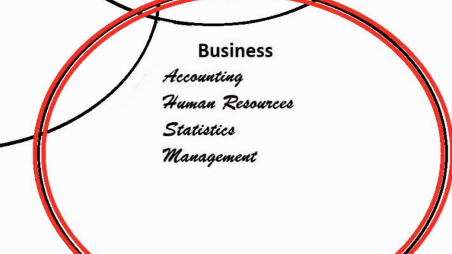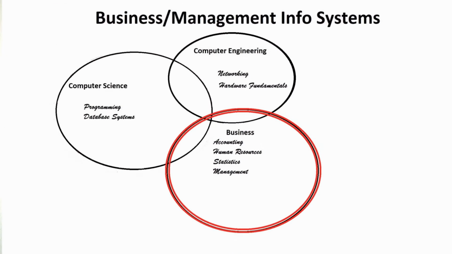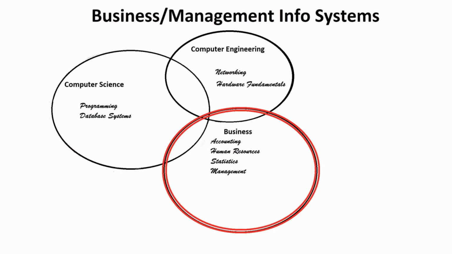So you might learn 15% programming, and most of it is going to be IT related stuff. You might take one basic networking course, and that's about it. It is mostly business oriented IT systems.